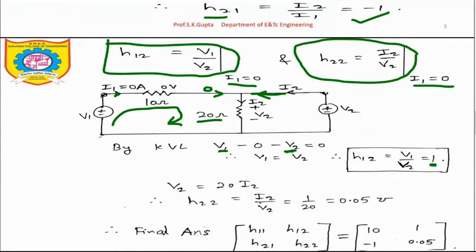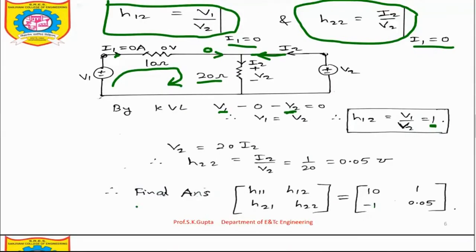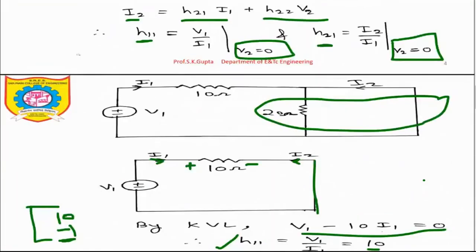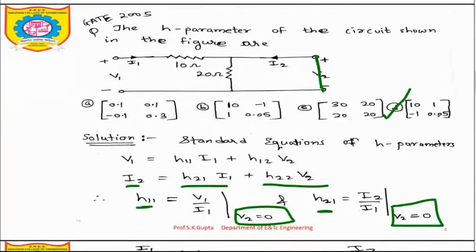I want I2 upon V2, so I2 upon V2 is 1 by 20, and its value is 0.05 mho. This way I got the H parameters, 1 and 0.05. Just check whether it is satisfying our option D or not. Yes, 1, 0.05. Such a simple question was asked in the GATE examination in the year 2005.